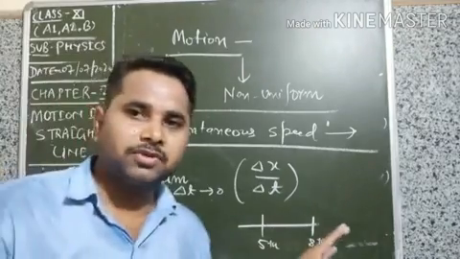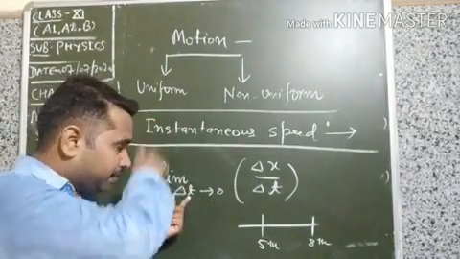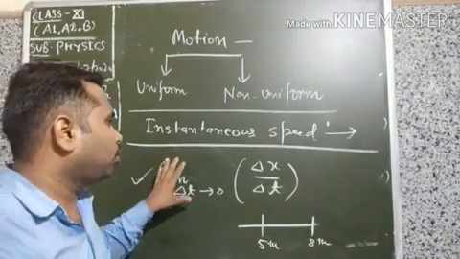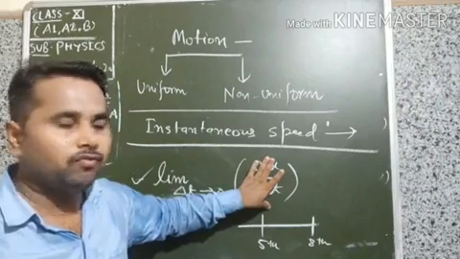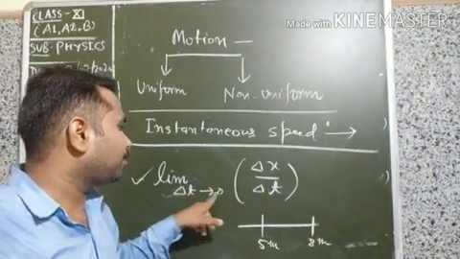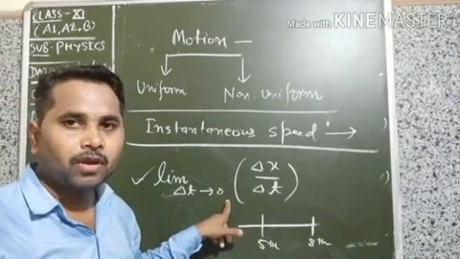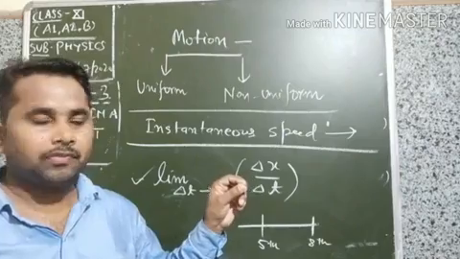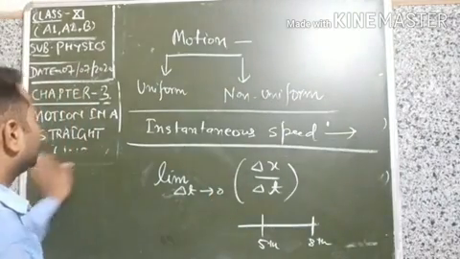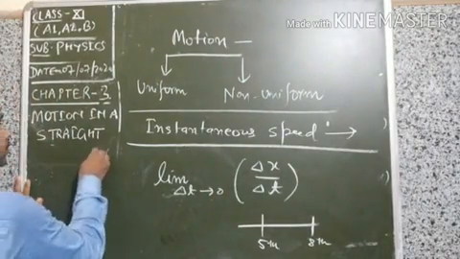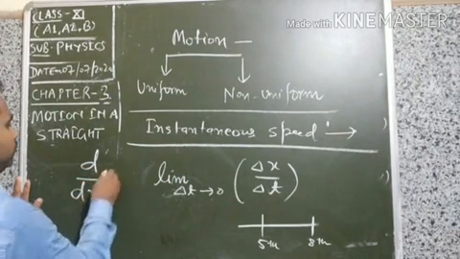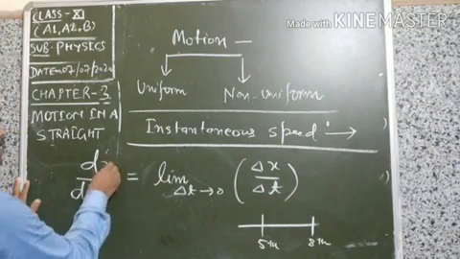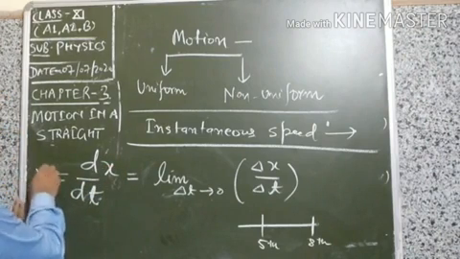See here, now how to define the instantaneous speed? Limiting value of average speed when its time interval approaches to 0 is called instantaneous speed. ठीक है, and it is denoted by d by dt of x, या dx upon dt or v.